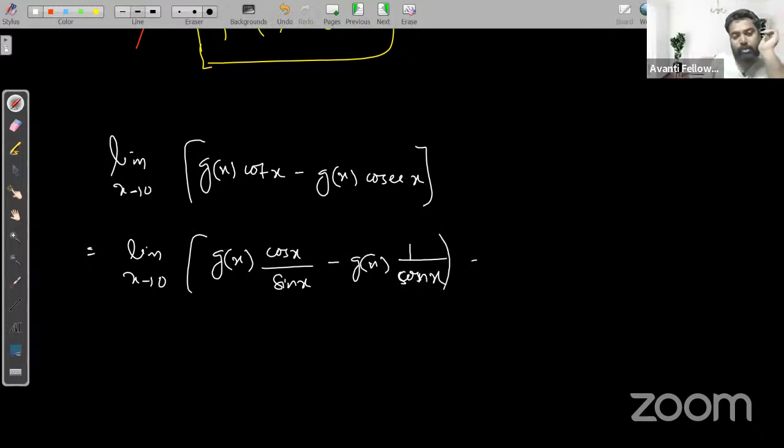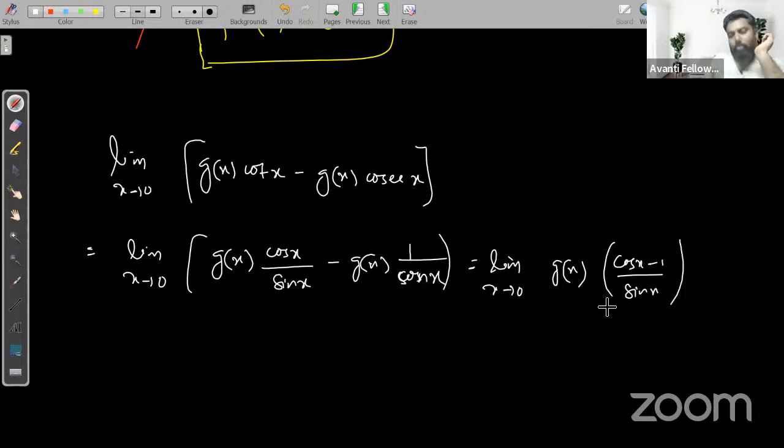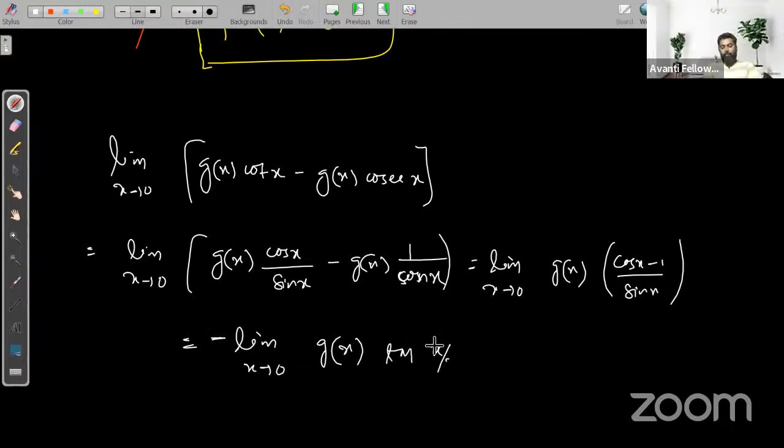Right. So this will be the limit as x tends to 0, taking g of x as common, of cos x minus 1 upon sine x. Now, if we take minus as common, it is g of x into 1 minus cos x by sine x. So 1 minus cos x upon sine x is tan of x by 2.